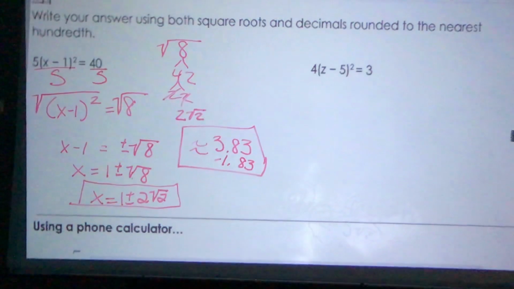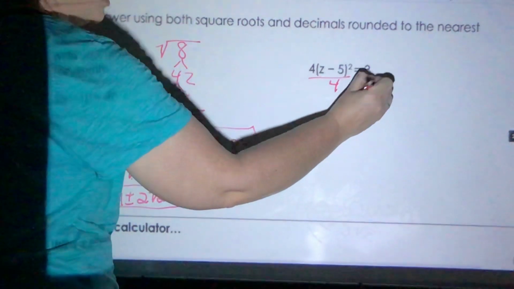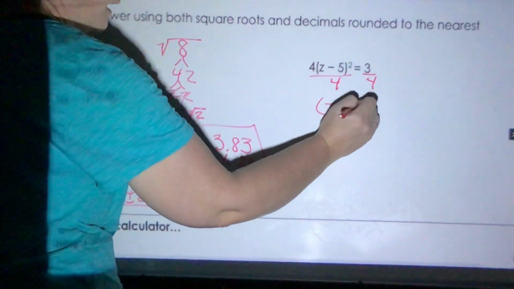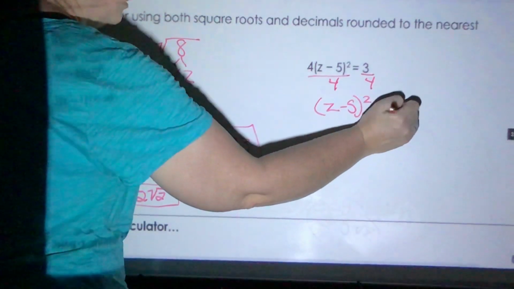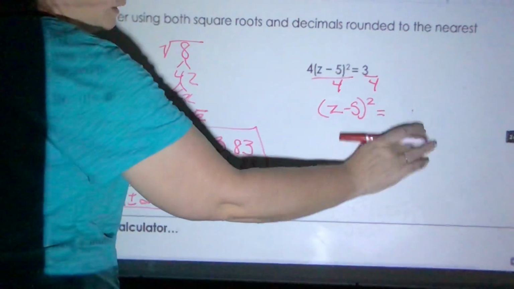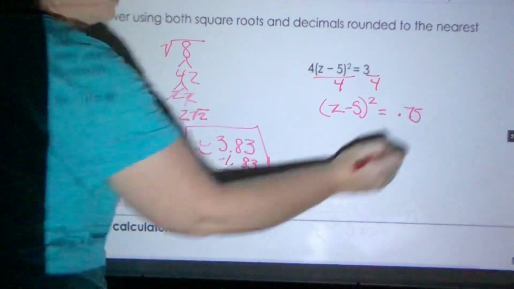For the next example, I'm going to divide by 4 on both sides. So I'm going to get z minus 5 squared is the same thing as 3/4. To make the calculations easier, I'm going to change it to 0.75.